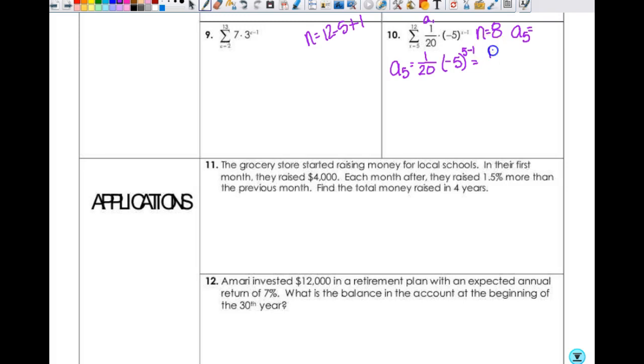Should hopefully get 125 over 4. Yes. So this is 125 over 4. So there's my n, there's my a5, and then it should not be negative.